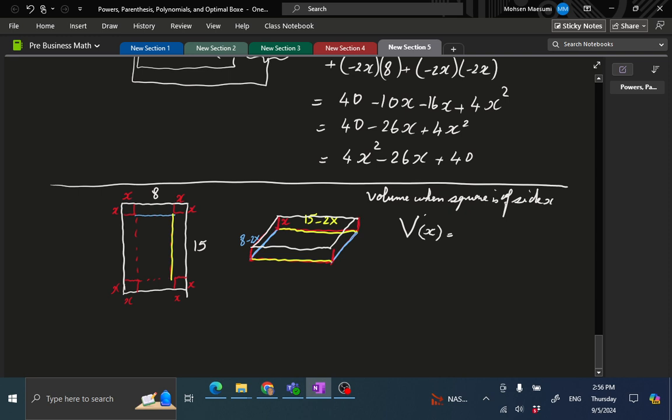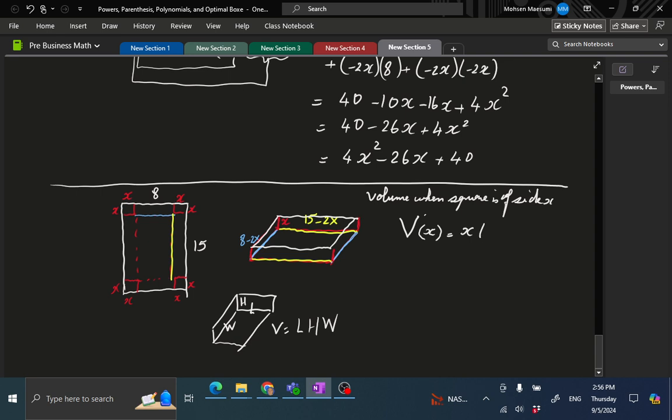Well, what's the volume of any box? If I have any kind of a box, I take the length and width and height, or however you want to call it, and the volume is the product of these three dimensions. So maybe I write my x first.